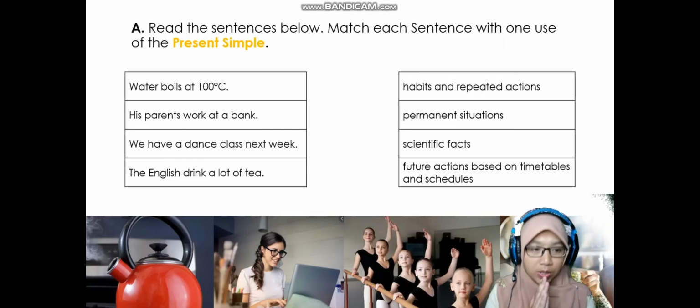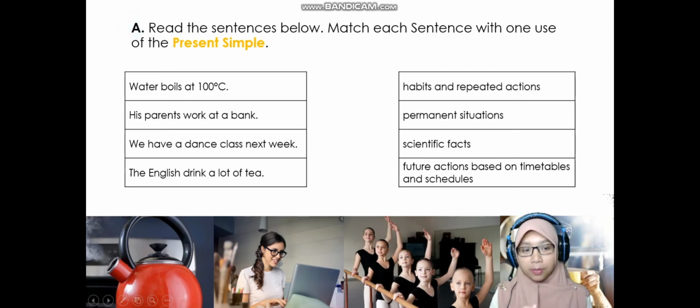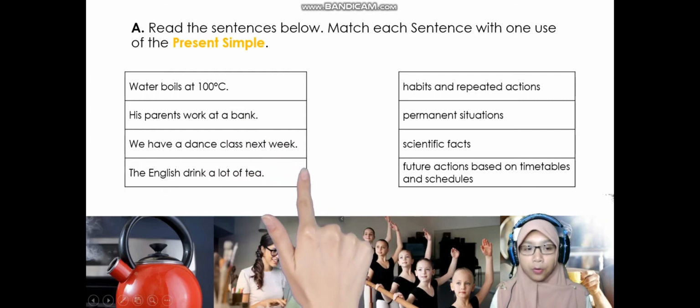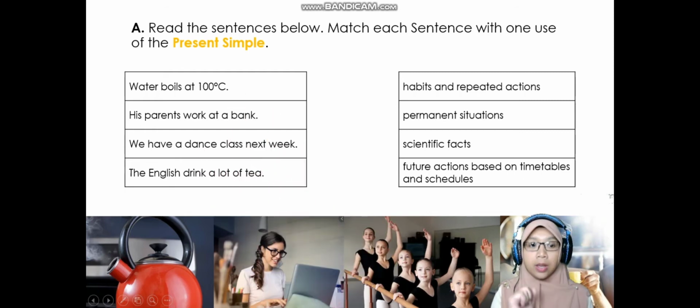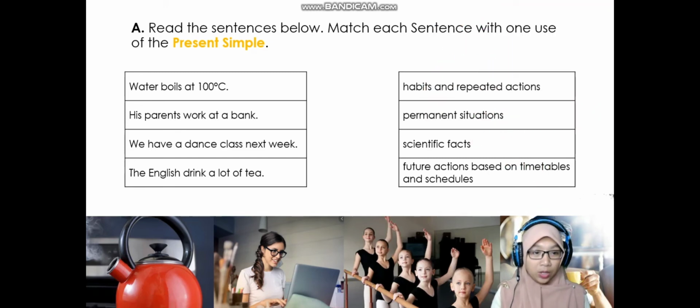Okay, now what I want you to do is try to look at the exercise before we go further. Read the sentence below. Match each sentence with use of the present simple. As you can see here, there are 4 sentences that are in present simple, and this side, this is the use or the situation.